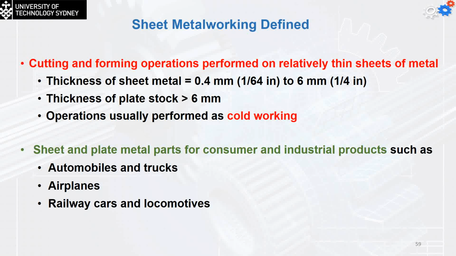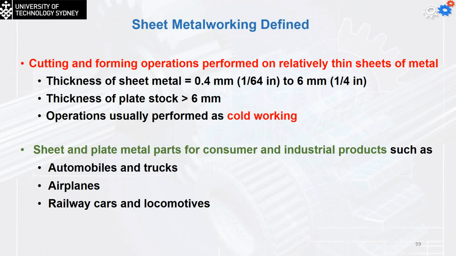So what we have here is a sheet, less than 6 millimeters. This one is a 4. If the thickness is more than 6 millimeters, we call it a plate. The other thing is that you can say the plate can hold itself, suspended. The sheet cannot.